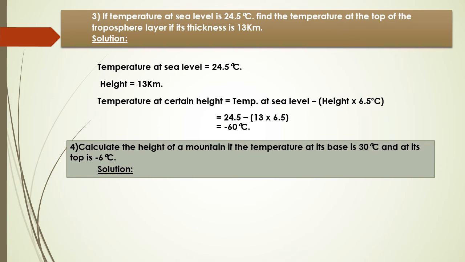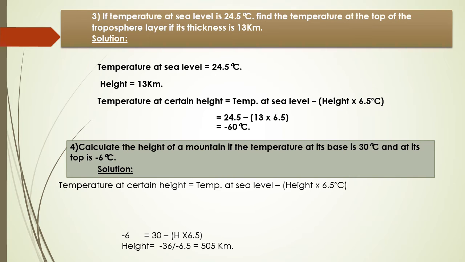Number 4: calculate the height of a mountain if the temperature at the base is 30 Celsius and at its top is -6 Celsius. We need the height, so we substitute: temperature at a certain height is -6 and the temperature at sea level is 30, minus height, which is requested, times 6.5. After the calculation, it gives 5.05.